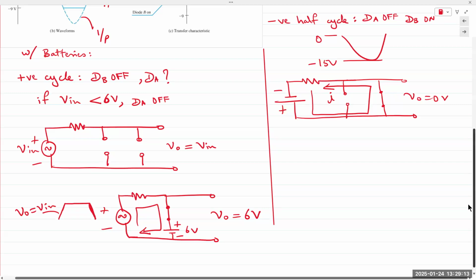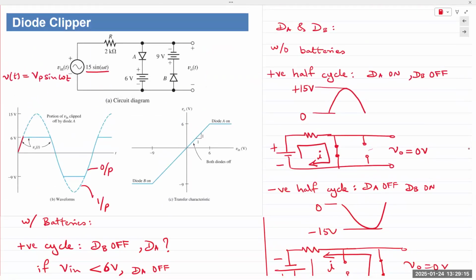So if I was to break this down, I would say this is where VO is equal to V in, and this is where VO is equal to the plus 6 volt battery. And that's how the top half is chopped off or clipped off. The resulting waveform is a clipped version of the input voltage, hence a clipper.